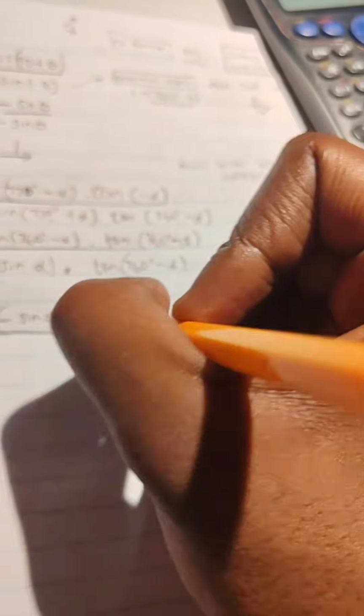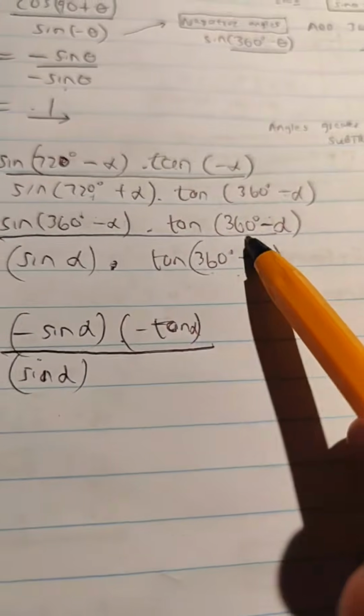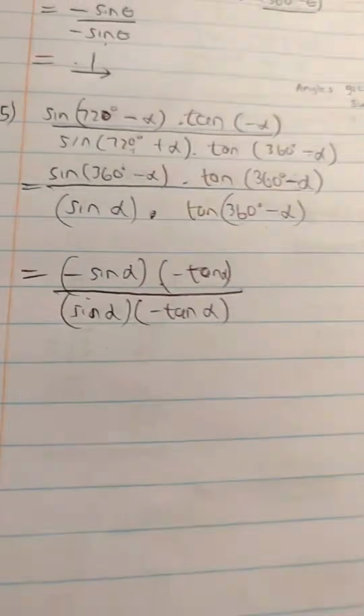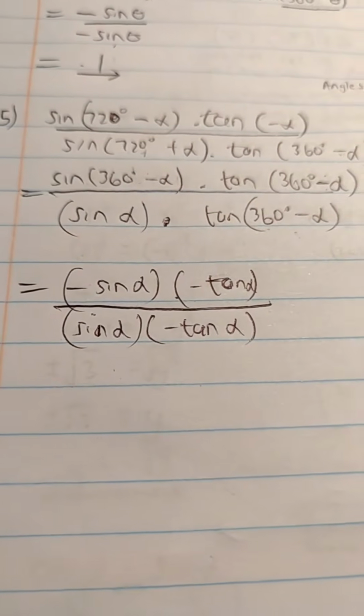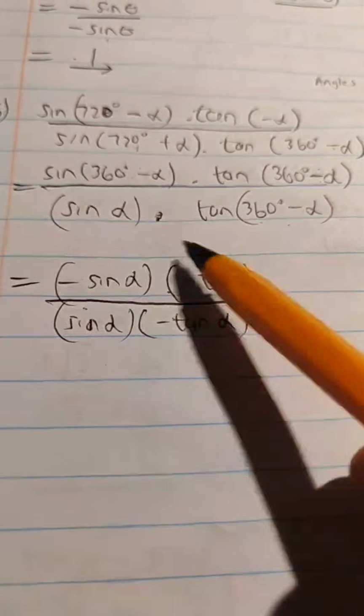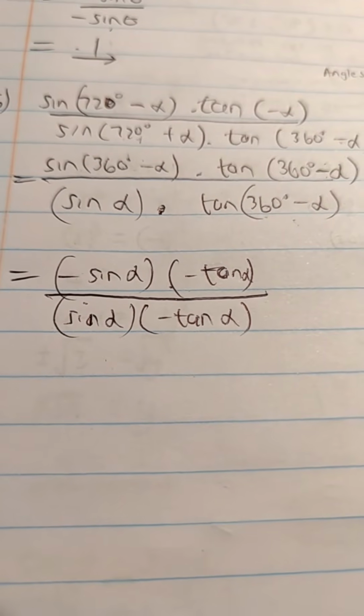Don't forget the acute angle. Sine of alpha is obviously sine of alpha. 360 minus alpha, so once again we have the same situation there. Now we can do cancellation. We can cancel because here the relationship between the trig ratios is multiply and divide.